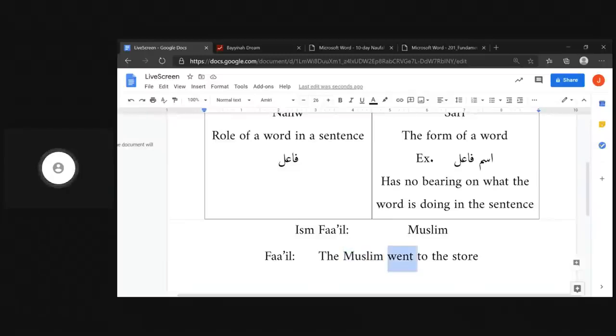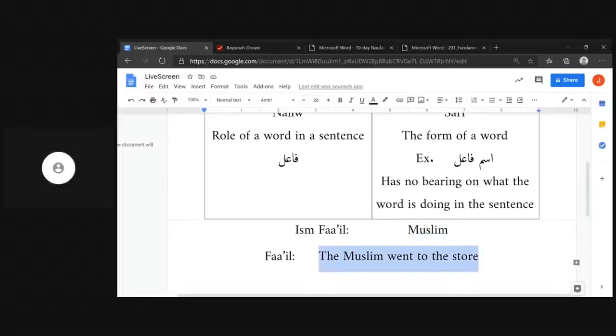The verb is to go, and the Muslim is doing the going, and so the Muslim is the doer. And fa'il is how you say doer in Arabic. So the role of Muslim now in this sentence is doer. It's fa'il.